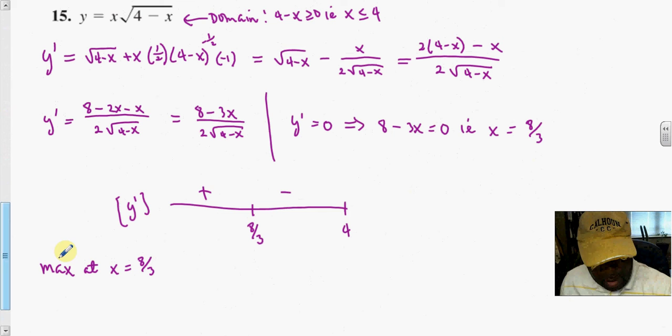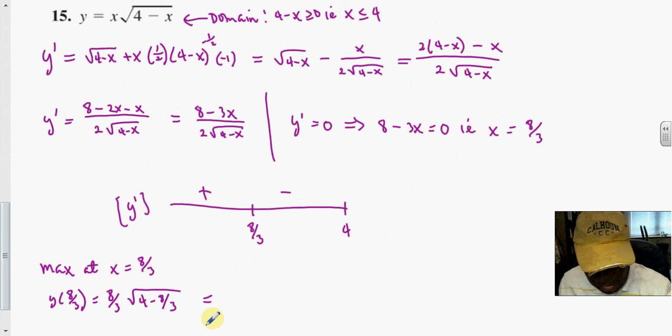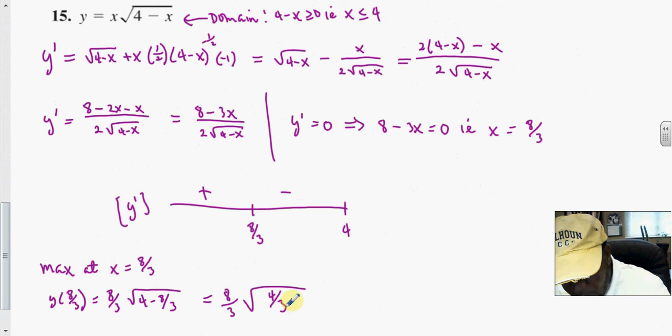Now what's the y value associated with that? Let's see. So y of 8 over 3 is 8 over 3 times the square root of 4 minus 8 over 3. So this is 8 over 3 times the square root of, this is 12 minus 8, so that's 4/3.